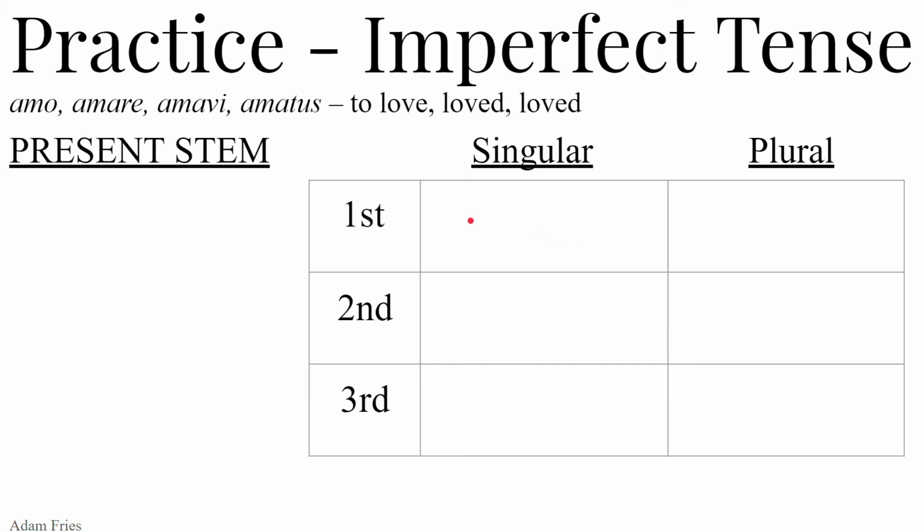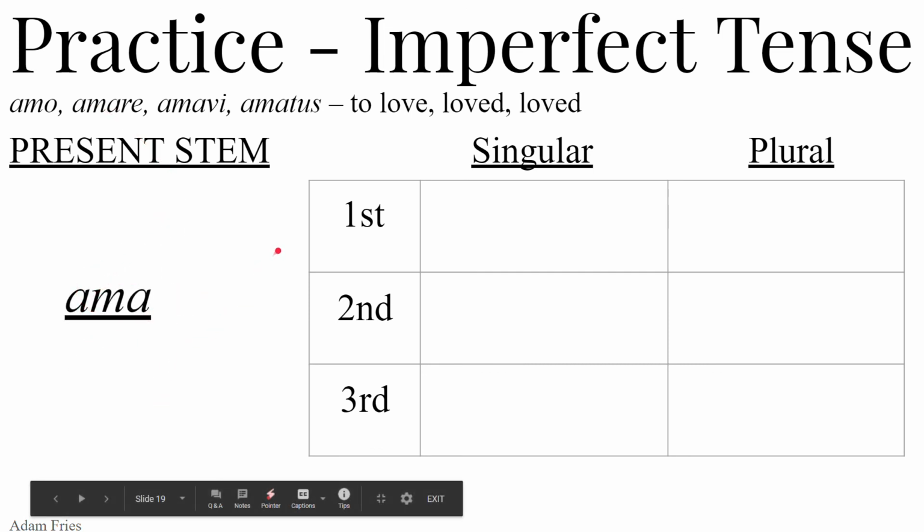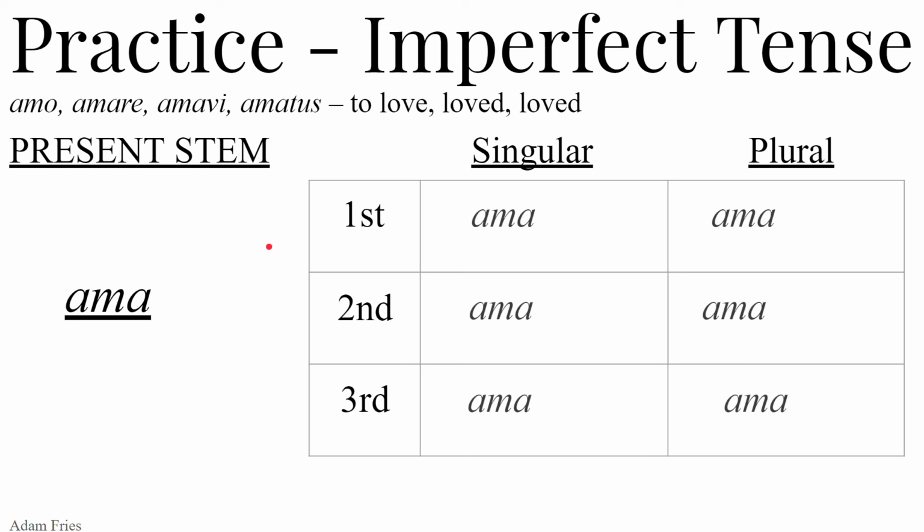For Latin's imperfect tense, first know the principal parts, amo, amare, amavi, amatus. I want to love, I loved, I have loved. We want the present stem. Second principal part, amare, chop off the re. Present stem is ama, fill in the blanks. Then we need the imperfect tense marker, ba, like the imperfect tense of sum is eram.